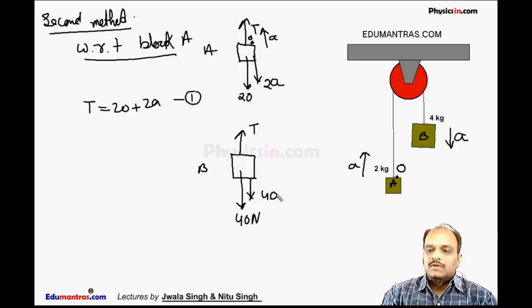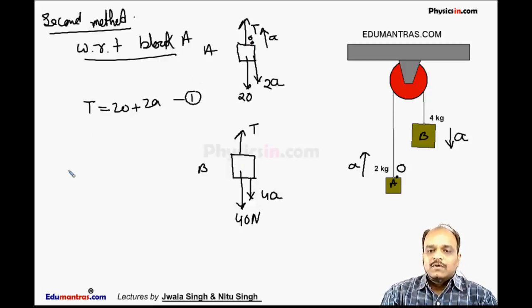So the acceleration of this observer is A, and the direction of the pseudo force is always opposite to the direction of acceleration of this observer. Since this observer is going upward, the pseudo force will act downward. This is the free body diagram of block B with respect to observer O.